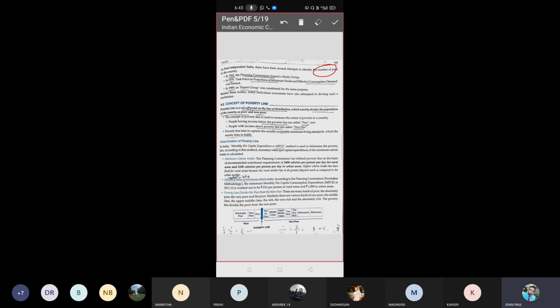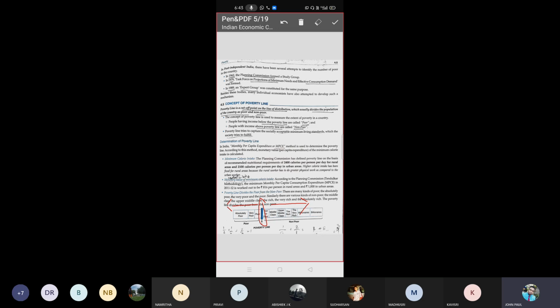The concept of the poverty line is used to measure the extent of poverty in a country. People having income below the poverty line are called poor. People with income above the poverty line are called non-poor. Below this line we call them poor, and above this poverty line we call them non-poor.